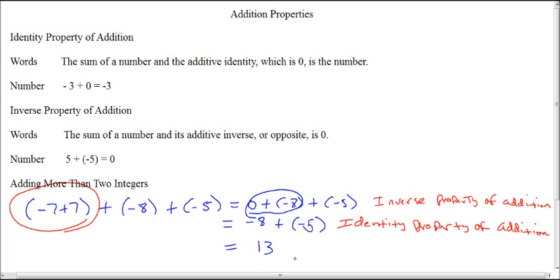The rules say if the signs are the same, we add the absolute values and use the common sign, and that's going to be a negative 13. Here we use the same sign rule for integers, so the sum has the common sign.